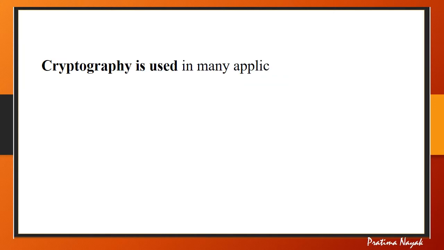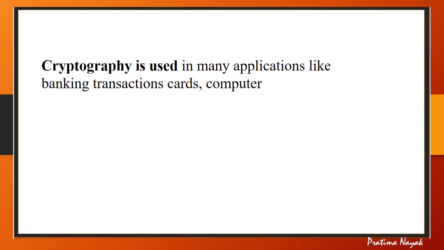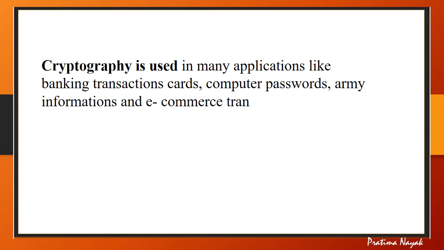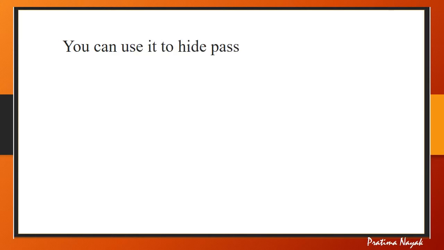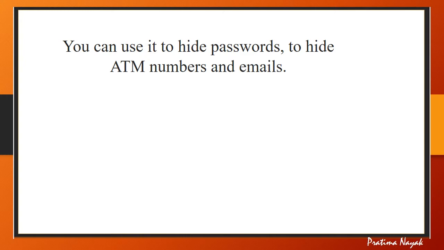It is used in many applications like banking transaction cards, computer passwords, army information code, and e-commerce transactions. You can use it to hide your passwords, your ATM numbers and email passwords.